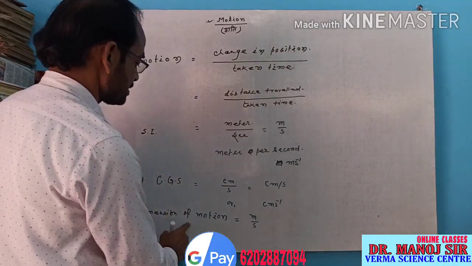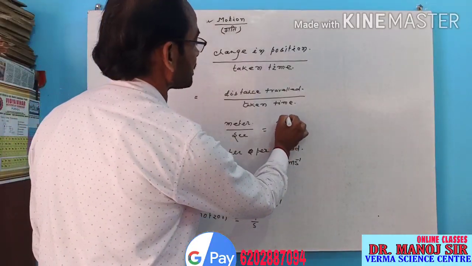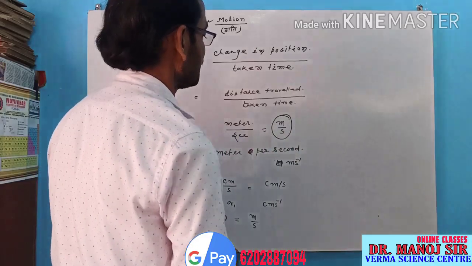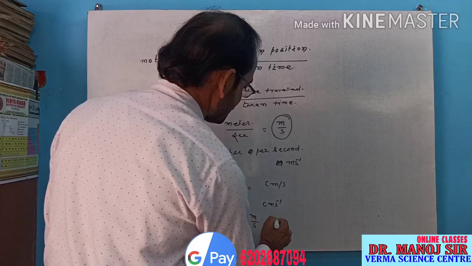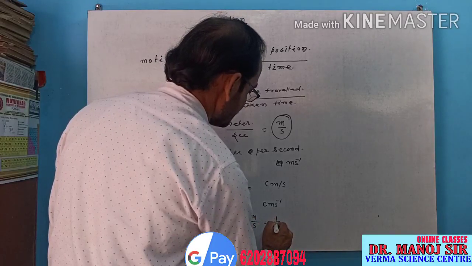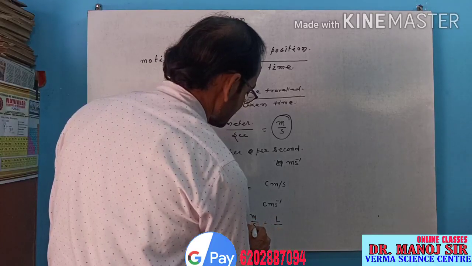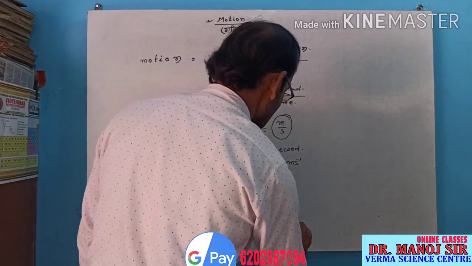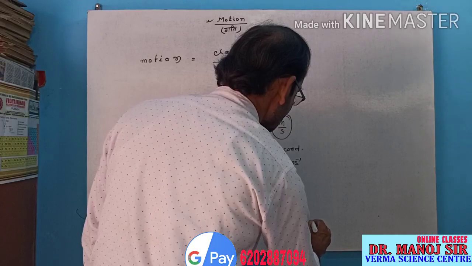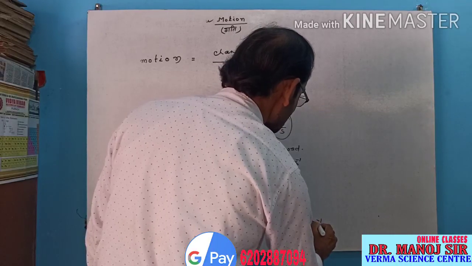So the dimension of motion here, in the SI unit m by s, meter can be represented by L and second can be represented by T. Therefore L T minus 1.